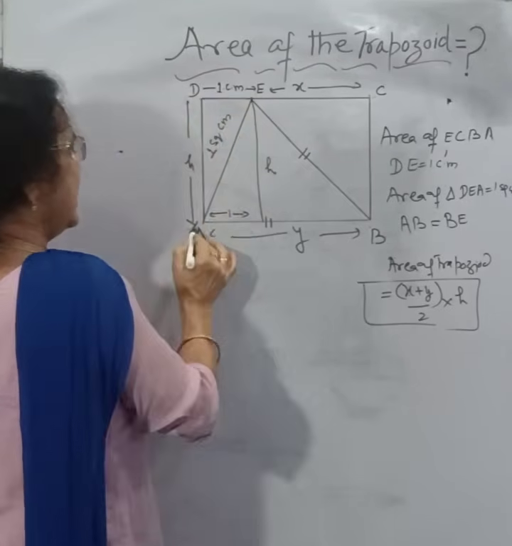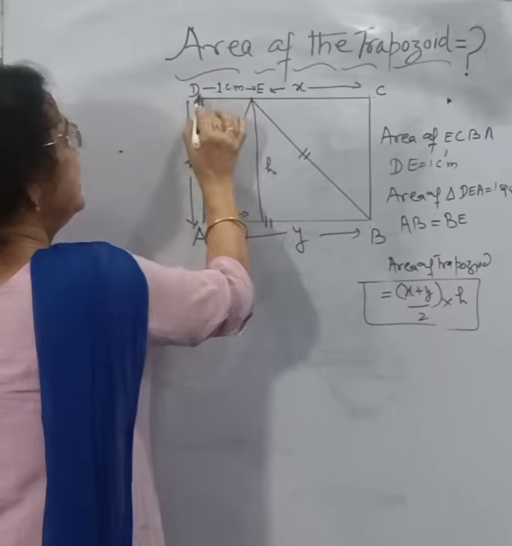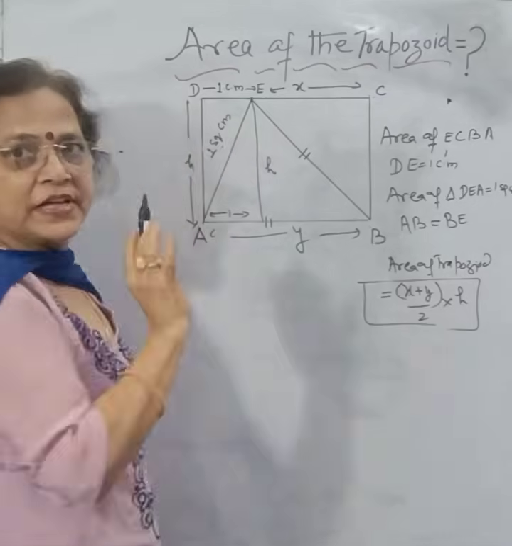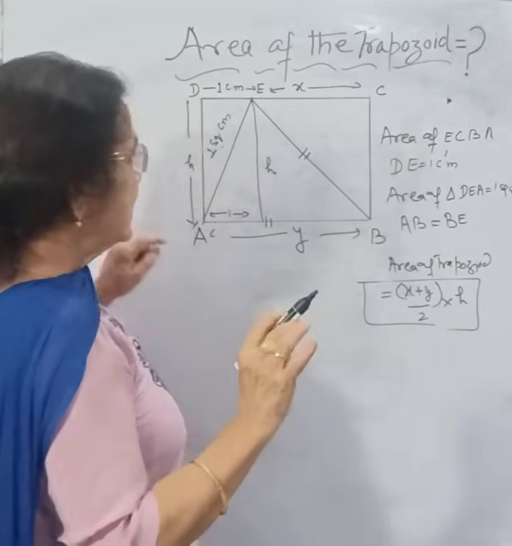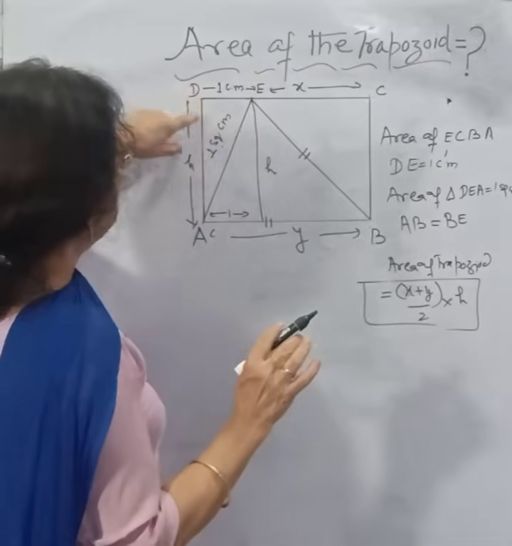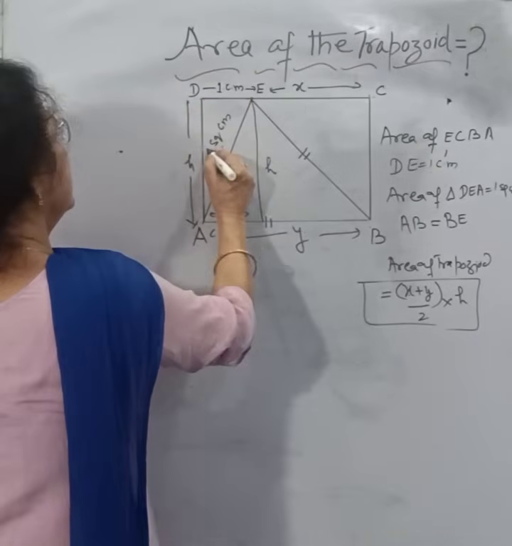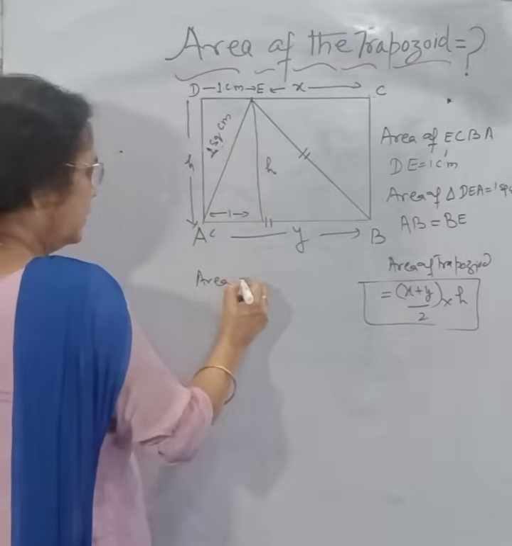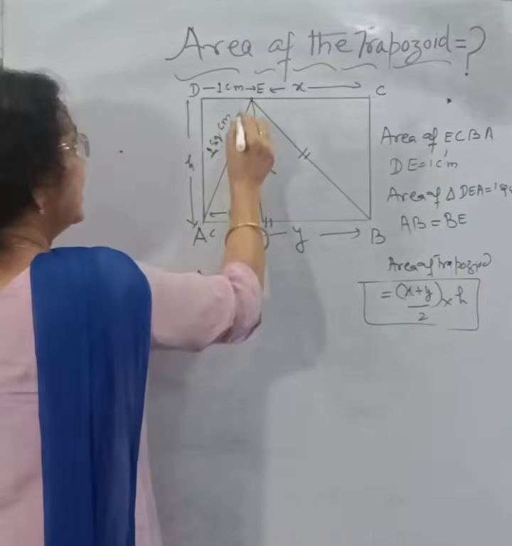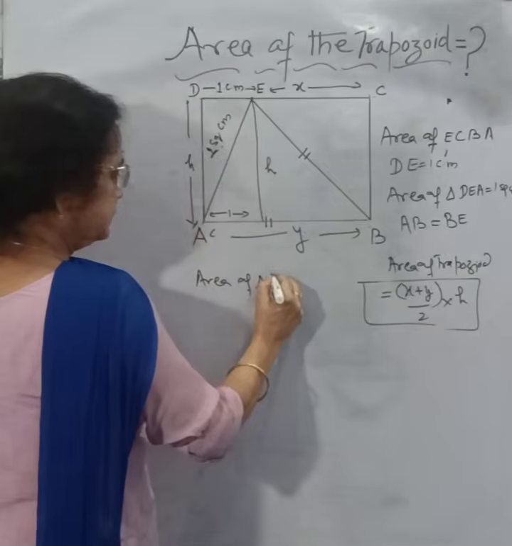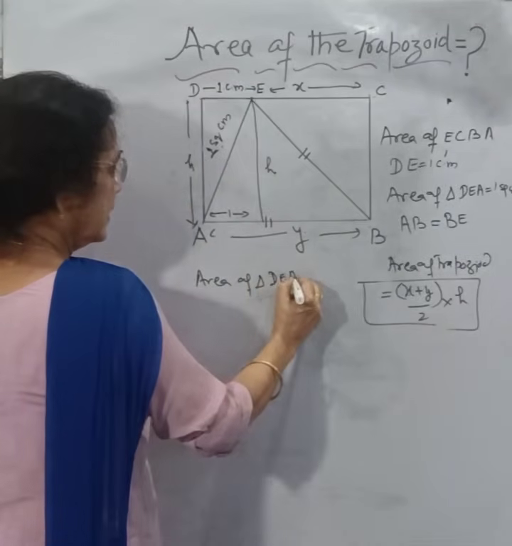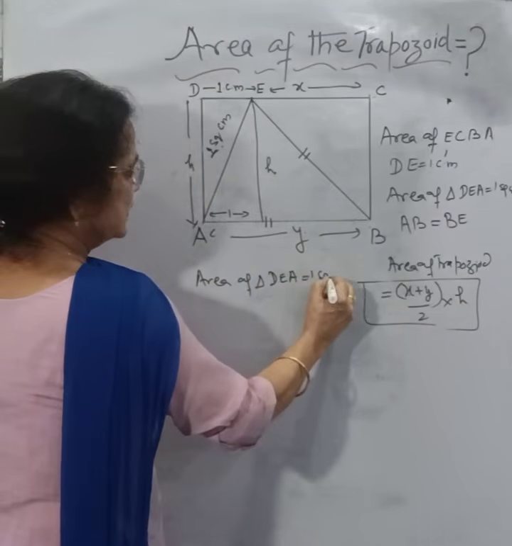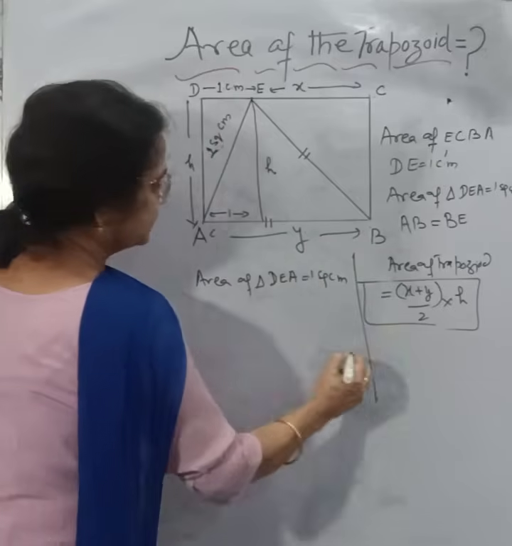Now we can use the area, which is known to us. The area of the triangle AED is 1 square centimeter. Area of the triangle दे रखा है. इसमें लिखा हुआ है. So the area of triangle DEA is equal to 1 square cm. This is given to us.